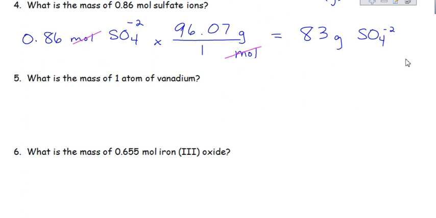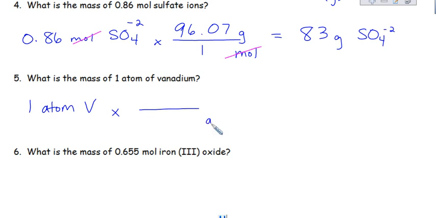Then let's look at these last 2 here. I have, let's see here, 1 atom of vanadium. What is the mass of 1 atom of vanadium? I know I want a proportion.